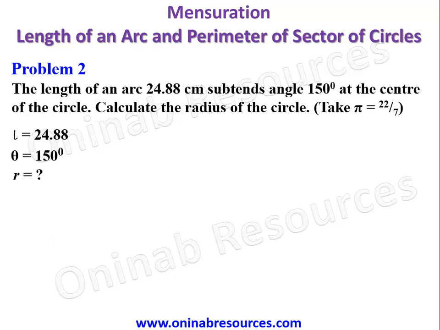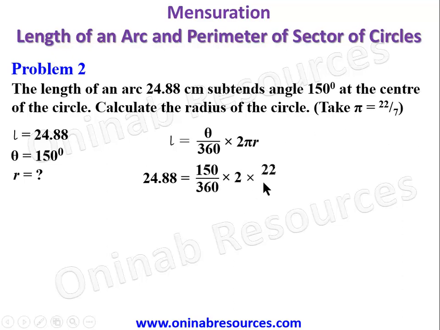Now what we do here is we have the length of the arc to be theta over 360 times 2 pi r, and here our length of arc is given as 24.88. Theta is 150 degrees over 360 degrees, then multiply by 2 times 22/7, then times r. This is the r we are looking for. Straight away we can make r the subject of the formula.